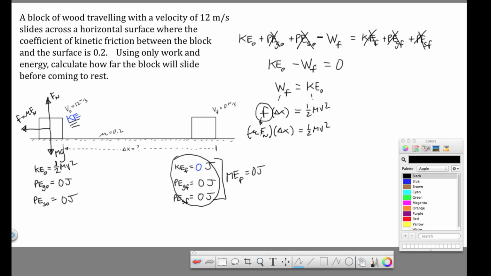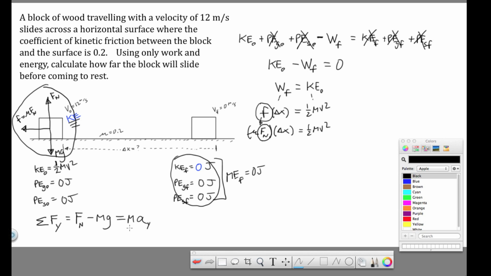Now, we have to figure out what the normal force is. You learned how to do this back when we did forces. Looking at our free body diagram right over here, we're going to sum the forces in the y direction, which gives us normal force minus mg equal to ma.